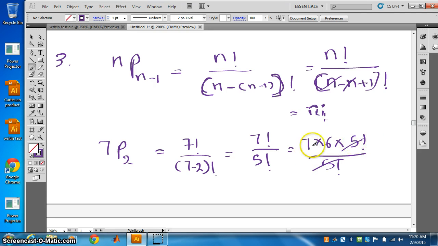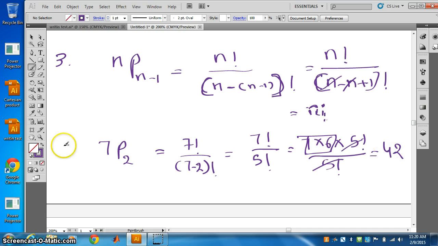So what do we have? 7 into 6, which is equal to 42. So straightaway, if n is 7 and r is 2, that means you have to write 2 factors. Start with 7, 7 multiplied by 6. Straightaway we can write this.